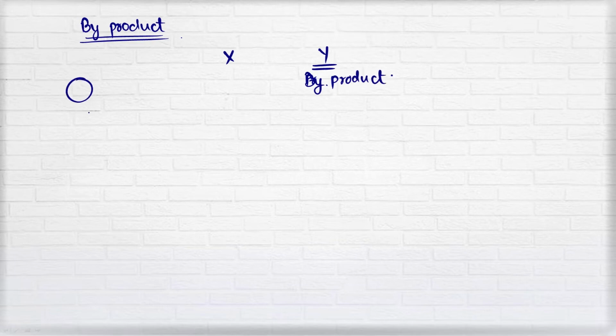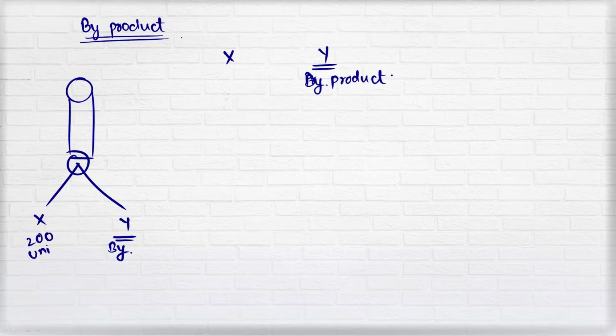So let me draw a chart whereby X and Y are manufactured, where Y is a byproduct. So 200 units of X is manufactured, 100 units of Y is manufactured. This can be sold at the rate of rupees say 50, and this can be sold at the rate of rupees 10.